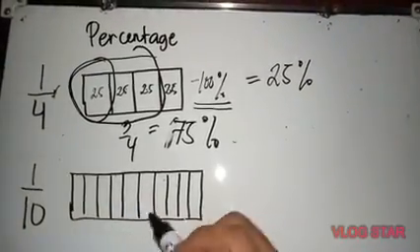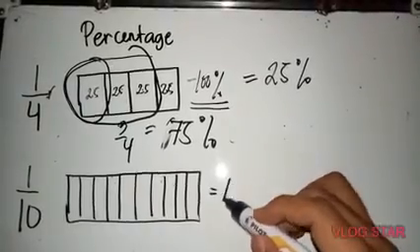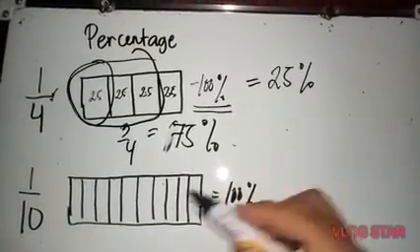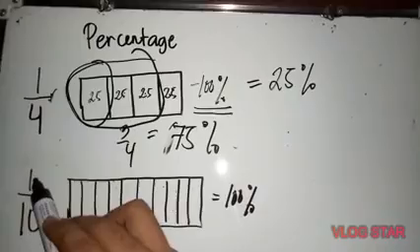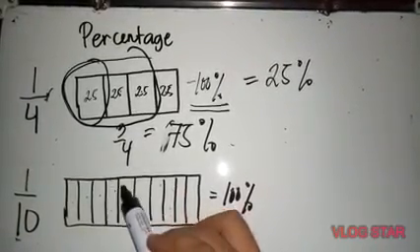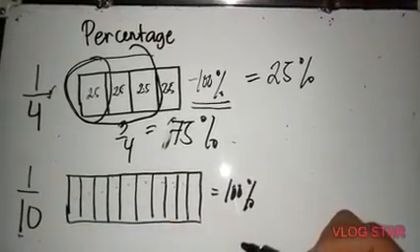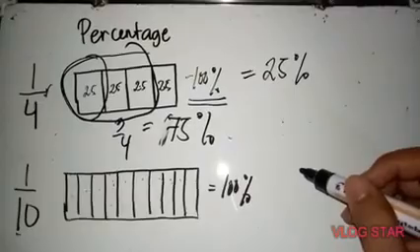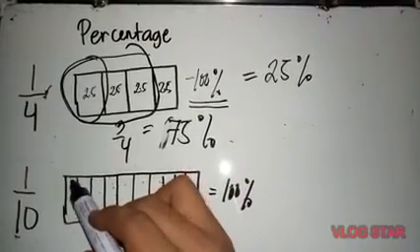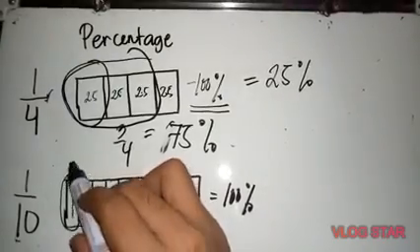Next, 1/10. Again, this is considered as 100%, the whole. Since this is 10, we divide the whole into 10 equal parts. But we're just asking for 1/10, and what is the percentage of that? So this part is just the 1/10.